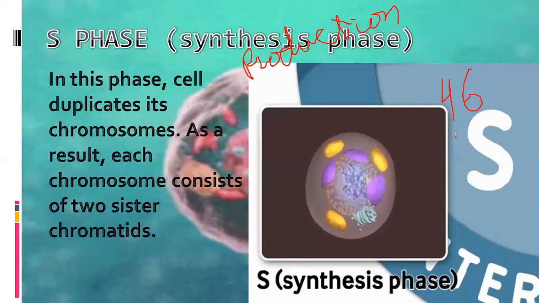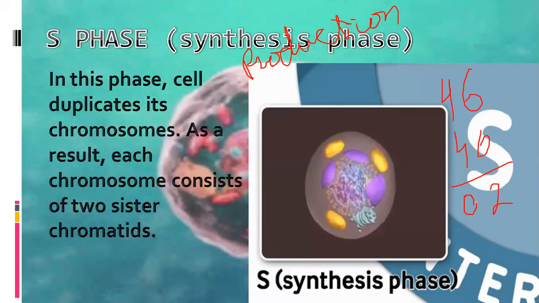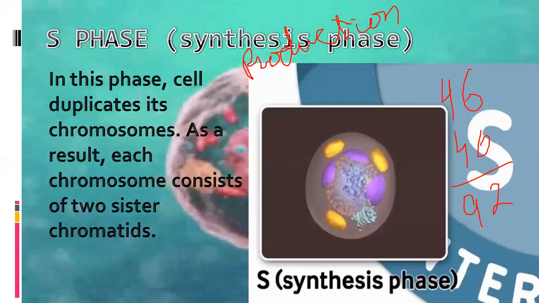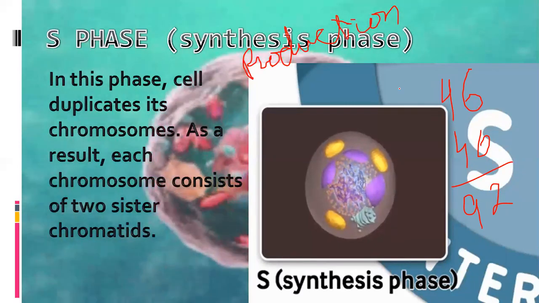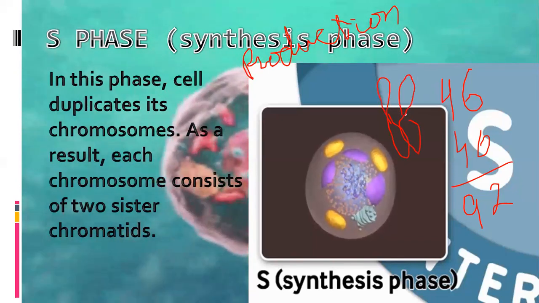So when they are duplicated, 46 and 46, how many will we get? Yes, 92 chromosomes. If one has this type of structure, the other will also have the same structure.